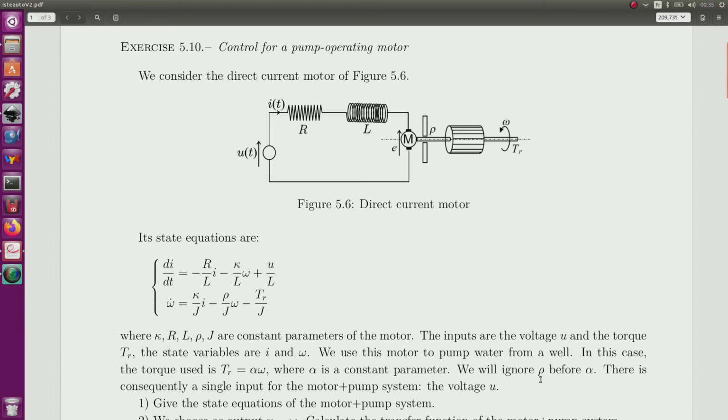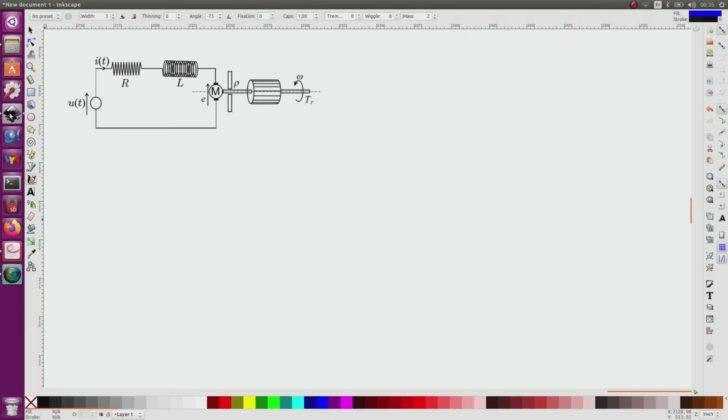What we'll do on this motor, we'll put a pump just at the end for the usage. And from this, I have to give the state equation for the motor and pump system. This is my motor.